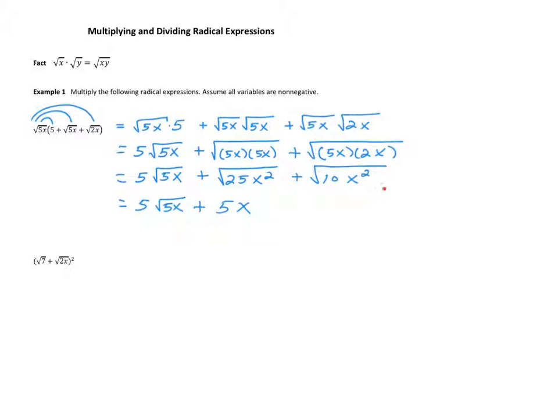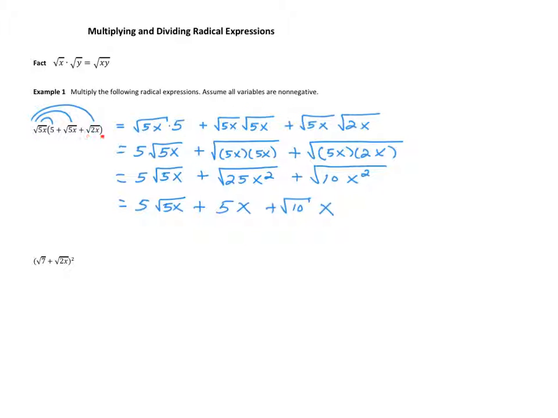Applying that same logic here, I have a product. I can take the square root of these two things separately. This is the square root of 10 times the square root of x squared, which is just x. If you have an exponent of 2 under a square root, those two things just cancel to give you x. And here again, I'm writing the variable last and the number first.